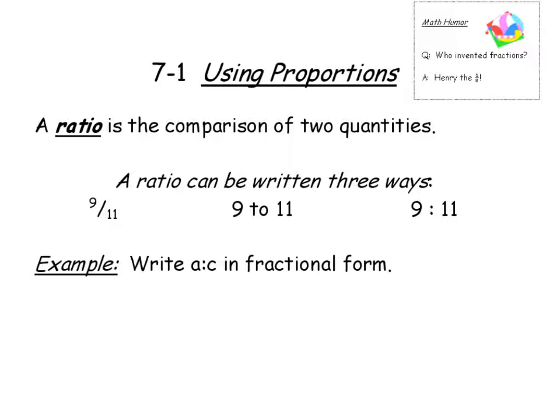Either way, you can express a ratio. A lot of the time we're going to work with the fraction form because it helps us solve more, but either way it's fine. So if I were to ask you to write the ratio A to C in fractional form, we're just looking for something that compares it like this, A over C.